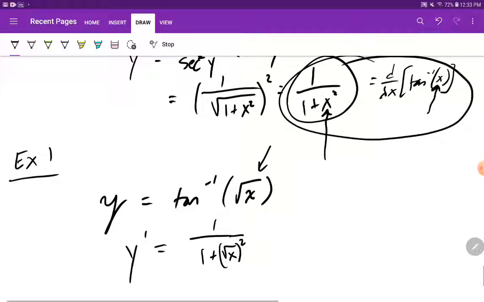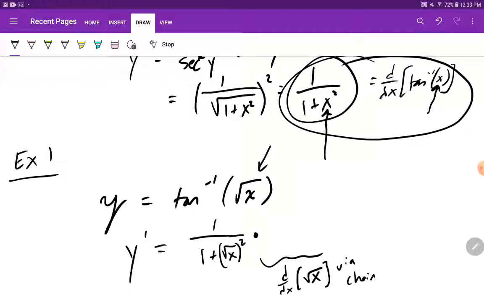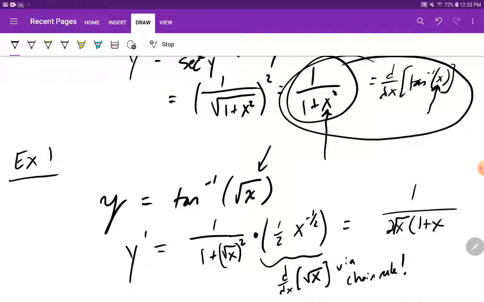And then since it's a chain rule, I have to multiply by the derivative of root x. So what is the derivative of square root of x? That's 1/2 x to the negative 1/2. Putting it all together, 1 over, it looks like 2 root x times 1 plus x.